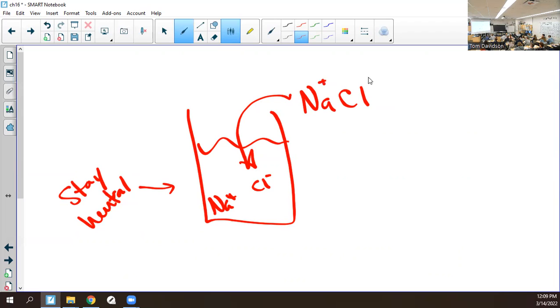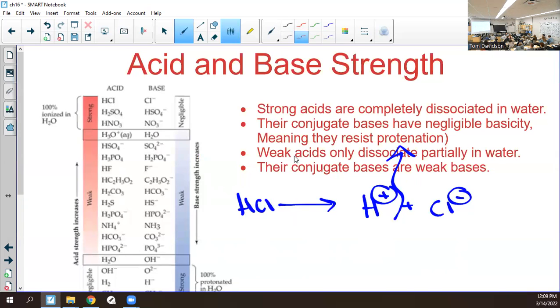Na plus and Cl minus have no effect on the pH of the solution because both Na plus and Cl minus come from strong acids and strong bases, which means acid-wise, it resists protonation. It resists sticking to an H.